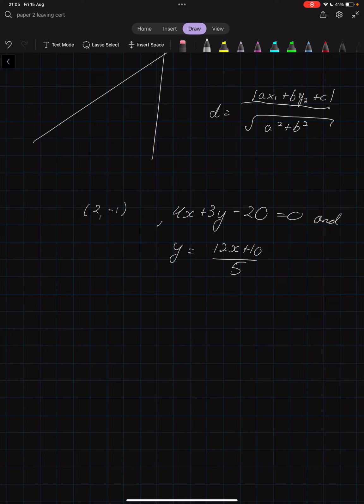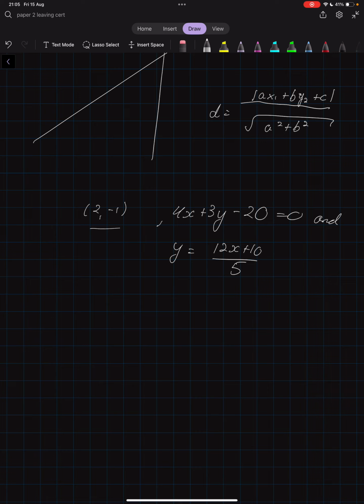So just showing that the distance from this point to both those lines are the same. So I'm just going to figure out, okay, what's the distance from the point to one of the lines, and then find the distance from the point to the other line as well. Okay, so that's all I'm going to do.